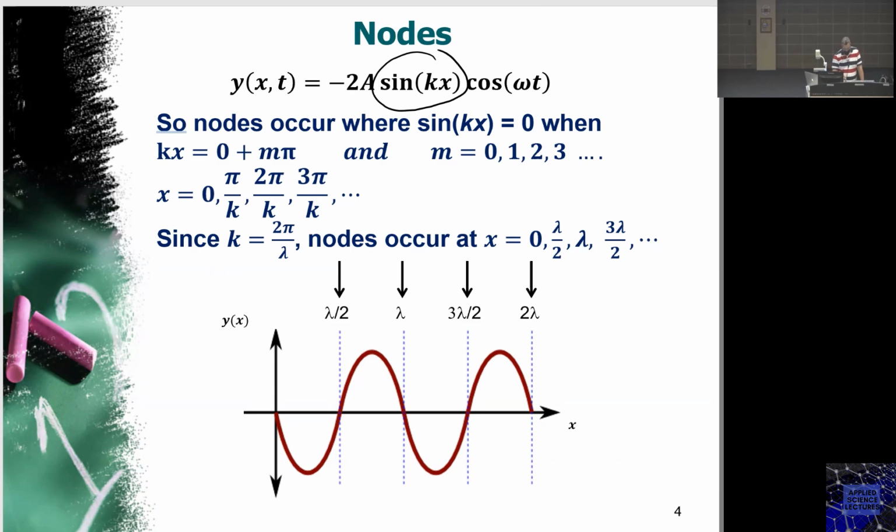If I solve for the phases that give me the sine function to be 0, those would be the locations where I have the nodes. So I need to solve for sine kx to be 0 out of this function.